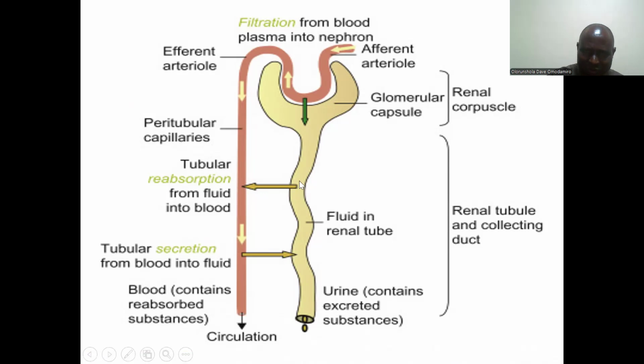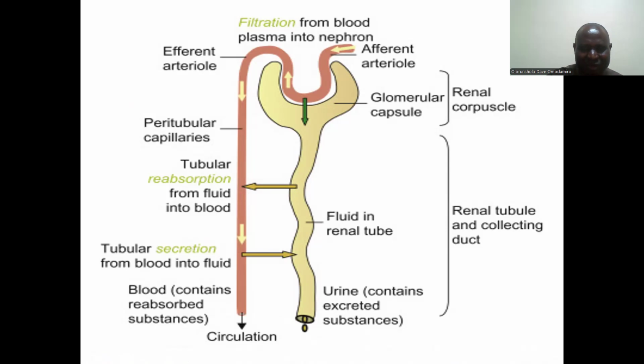So at this point is where passive tubular reabsorption takes place. But this can only happen, number one, if the concentration of the drug in this tube is higher than here. Number two, if the drug here is lipid soluble, because it has to cross through some biological membrane.